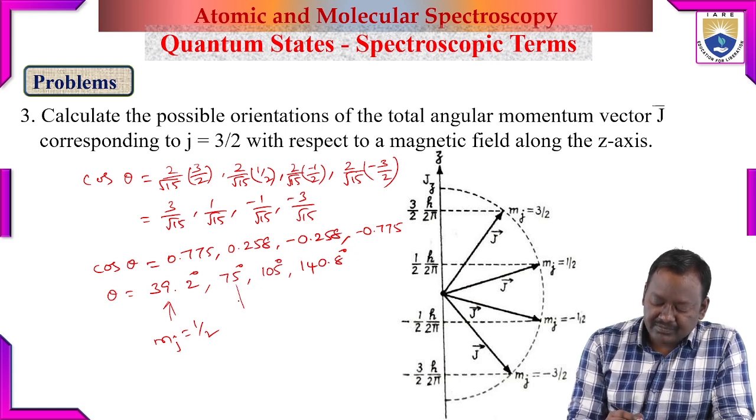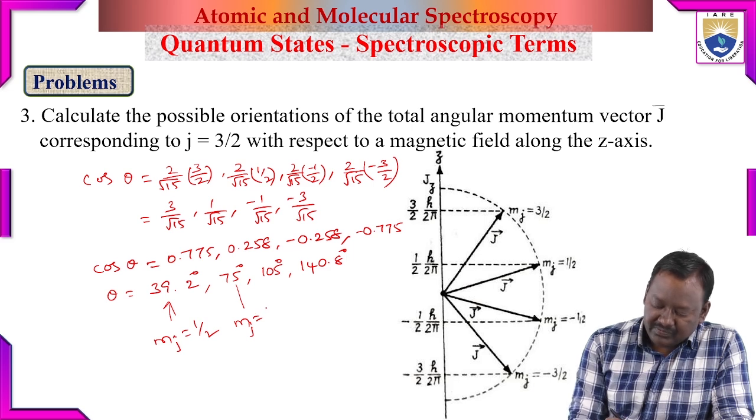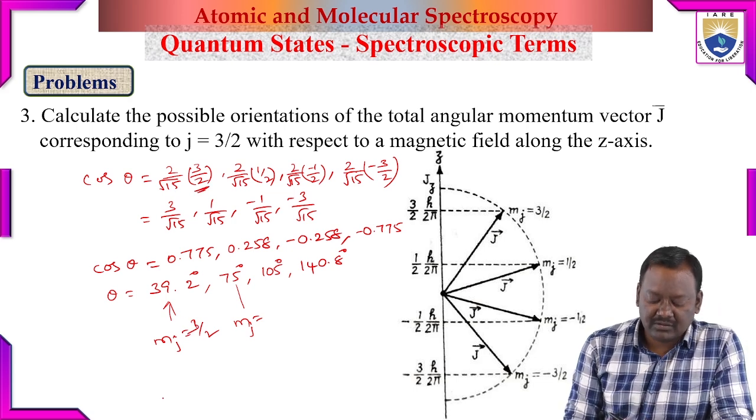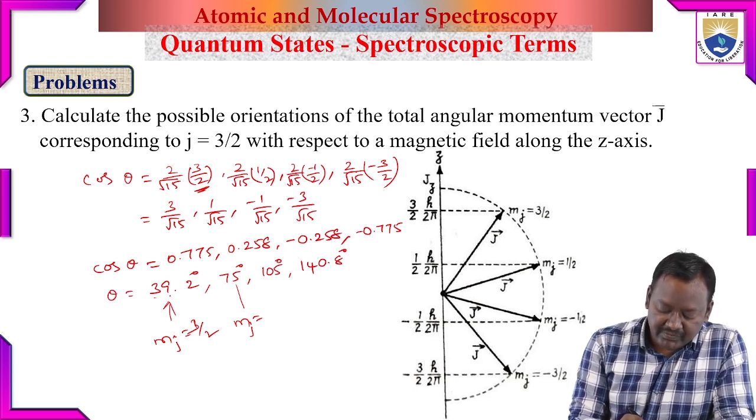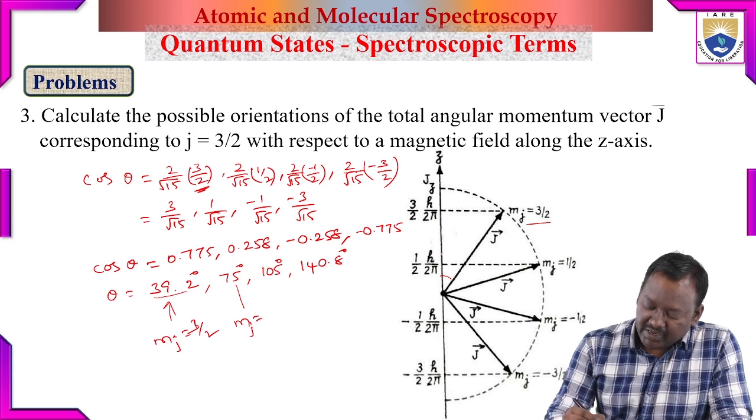Here the mj value is 3/2, and for mj 3/2 we are getting 39.2 degrees.